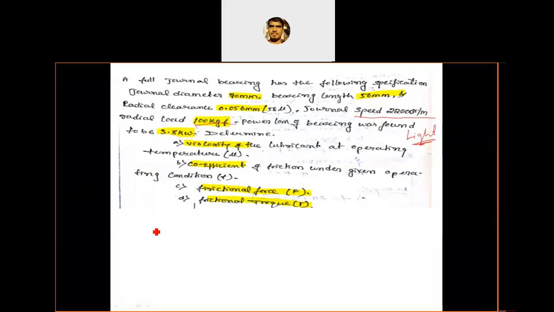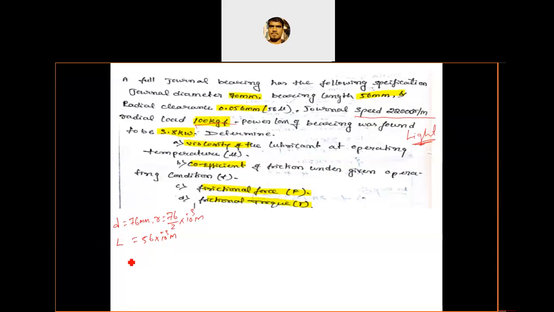First data, diameter they have given, diameter 76 mm. We want radius, which means 76 by 2 into 10 raised to minus 3 meter. Next, length they have given, length 56 into 10 raised to minus 3, given in terms of mm, here in meter.